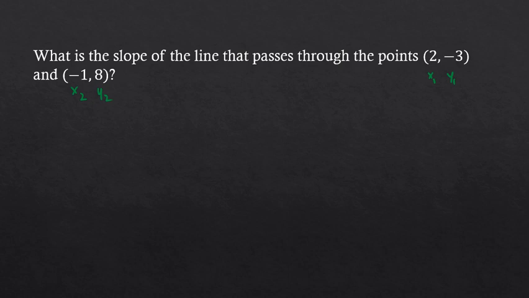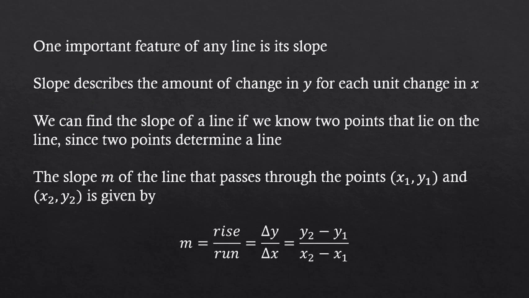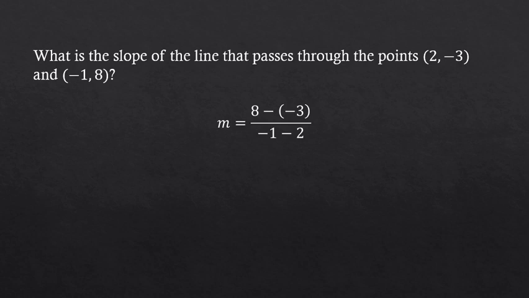So, taking these x and y values and substituting them into the formula for slope that we saw on our previous slide here, we get 8 minus -3, and then -1 minus 2.